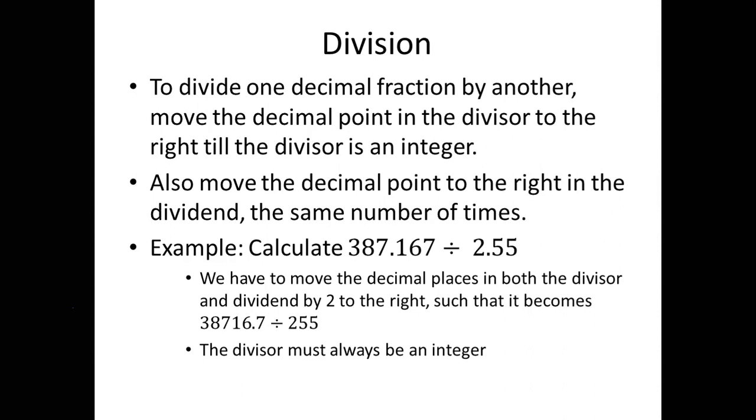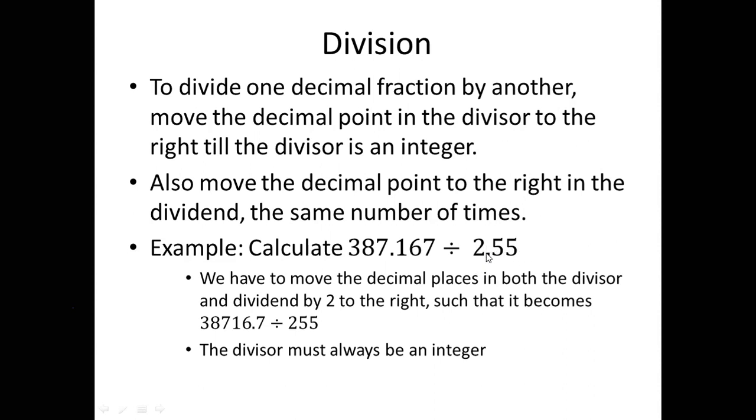And then you can go on to do the division. So for instance, let's suppose we want to divide 387.167 by 2.55. 2.55 in this case is our divisor. So we have to make sure that 2.55 does not have a decimal point. In other words, we have to move this decimal point 2 places to the right so that it becomes 255.